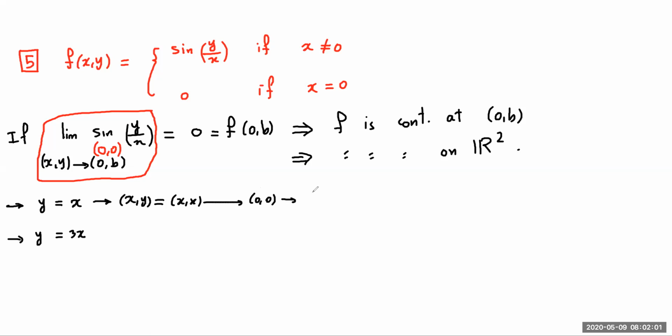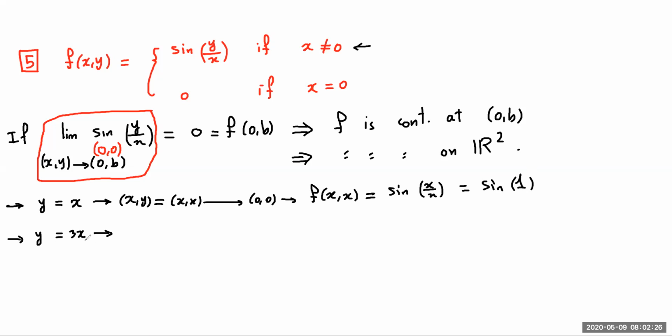So the limit of f(x, y) will be f(x, x). Here, when x approaches 0, it's close to 0 but not 0, so I will use the formula here. It's sine x over x, so it's sine 1 radian.